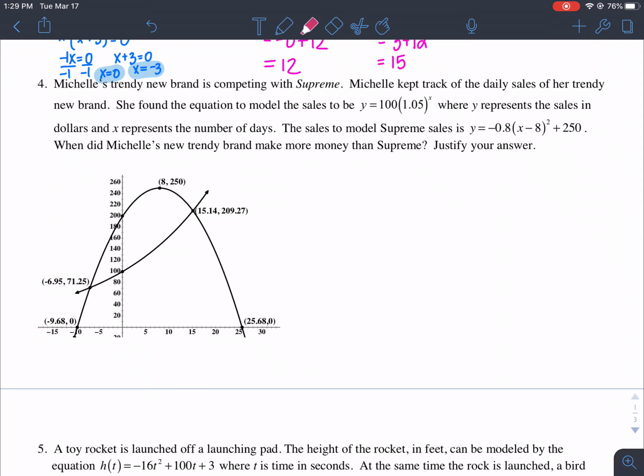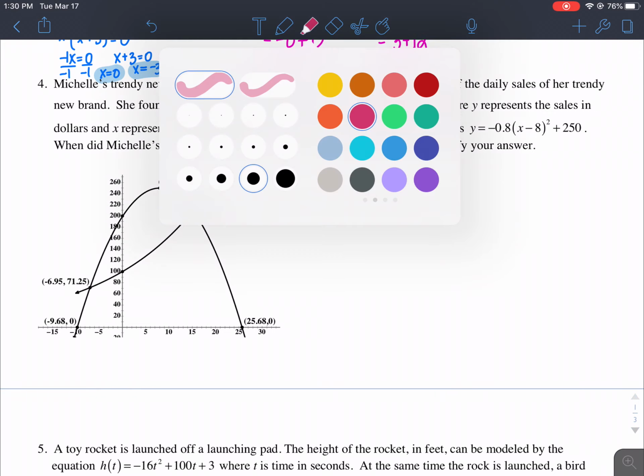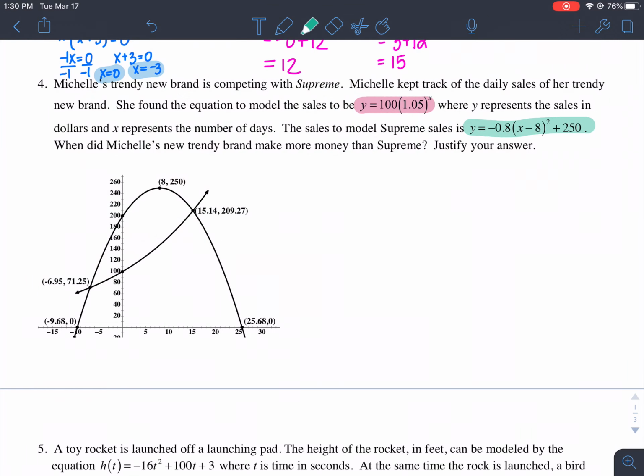This function we start exploring a lot more next unit, but just knowing that it is a function, where y represents the sales in dollars and x represents the number of days. The sales to model Supreme is y equals negative 0.8 times the quantity x minus 8 squared plus 250. I'm going to highlight that one. When did Michelle's new trendy brand make more money than Supreme?